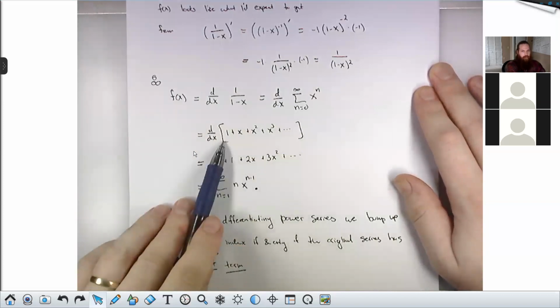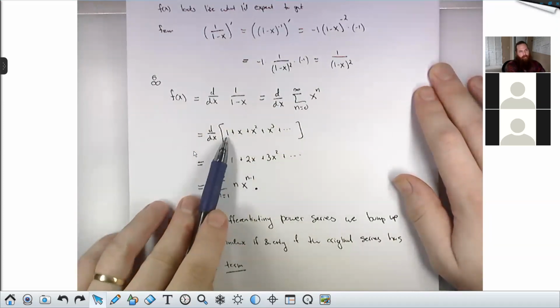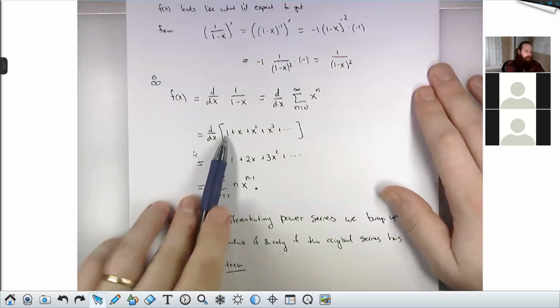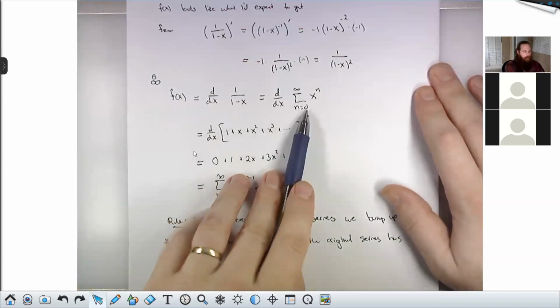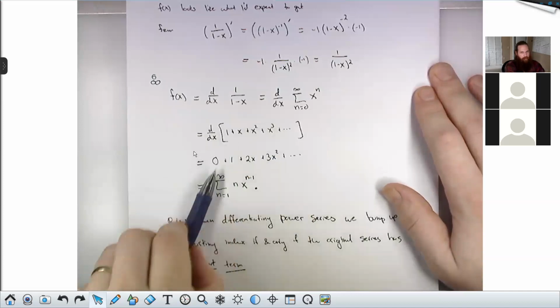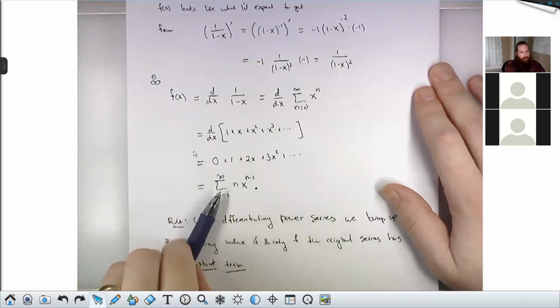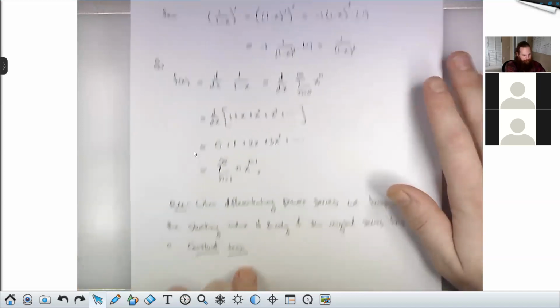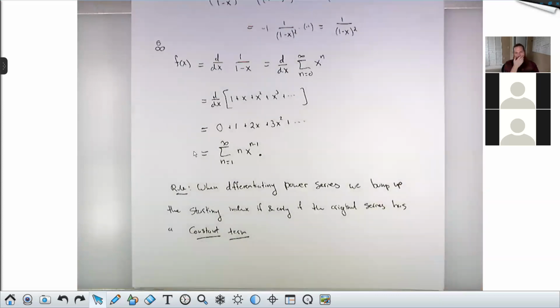So here, my original series had this constant term at the start, 1. That's the term associated with n equals 0. And that term differentiates to 0, which is why I bump up the starting index. So when differentiating power series, sometimes we bump the starting index, sometimes we don't.